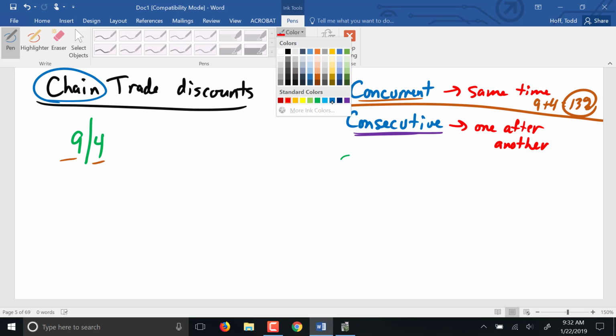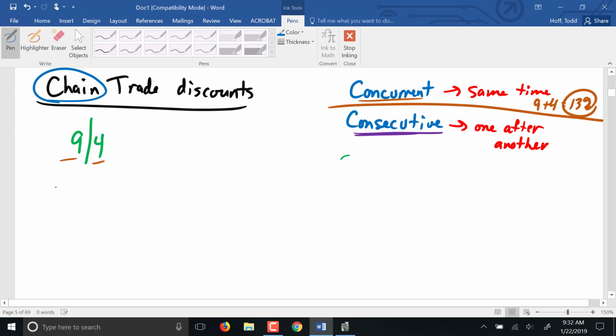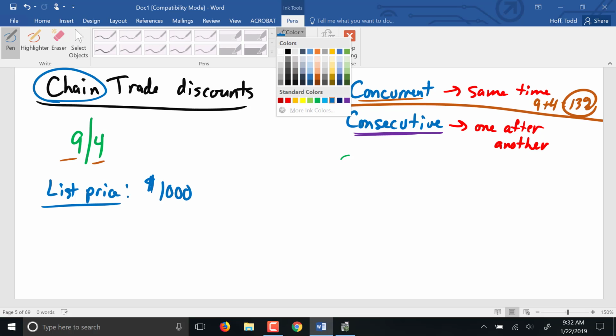So it ends up being not quite a full 13%. So let's take merchandise that has a list price, and let's just do an even $1,000 so we can see how the percents stack up.